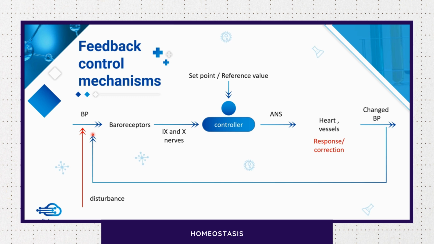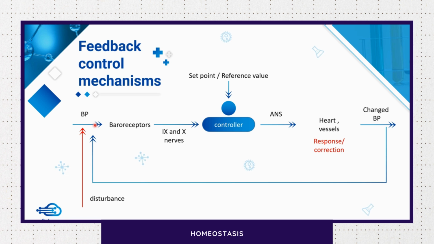So the current value of the blood pressure is determined by the disturbance as well as the response of the effectors. So this is continuously being fed into the system. We will see what is negative feedback and what is positive feedback. Actually this is an example of a negative feedback system. But fundamentally in a feedback system, the current value is always fed back as input into the system.